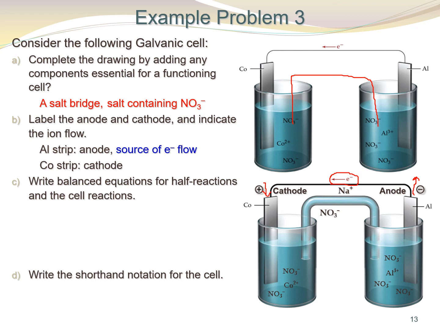For those chambers, according to those species, we should be able to write up the half reactions for each chamber, then the cell reaction. Now let's look at the anode chamber and see what happens. For the anode chamber, after we take off the nitrate, why 3 nitrate? Because there's aluminum 3 plus. Remember, solution must be neutral.